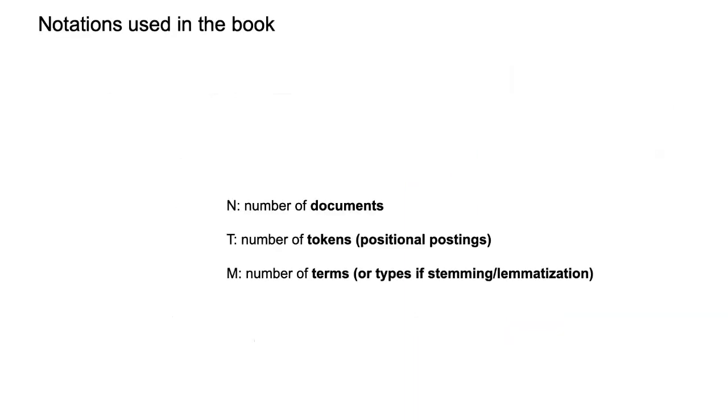That's the first question. I'm going to use letters a lot because, again, it's math, so now I need variables for them. Just so you get used to it, it's the same conventions as in the book that we're using. When we use uppercase N, we mean the number of documents, the number of books, the number of web pages, right? Number of documents. T is the number of tokens, but here we mean the positional postings, right?